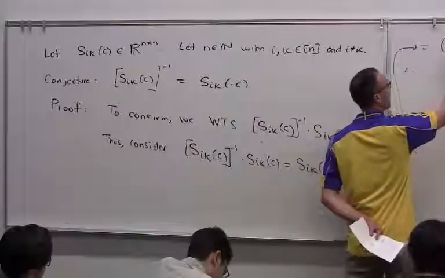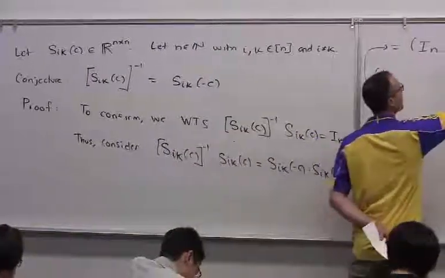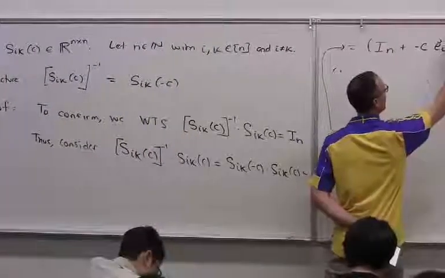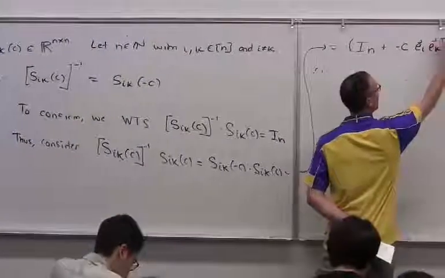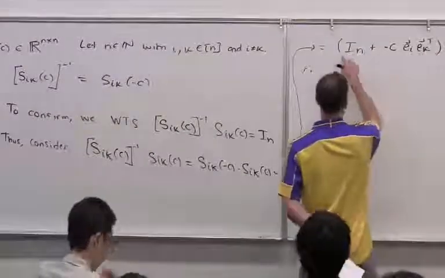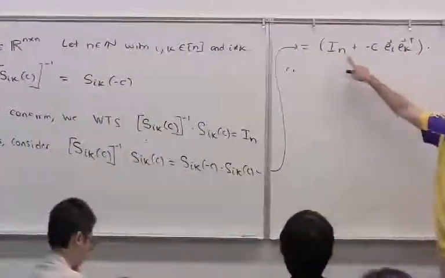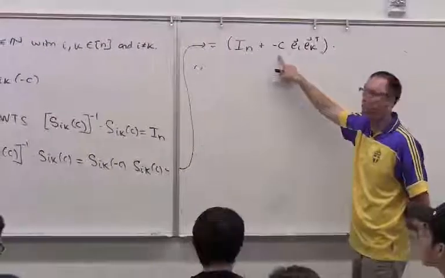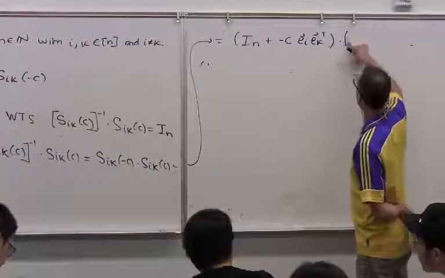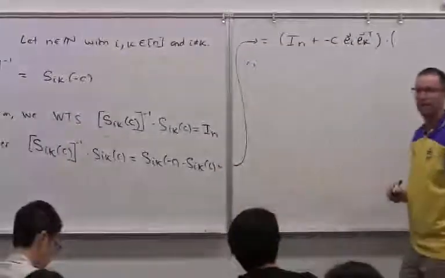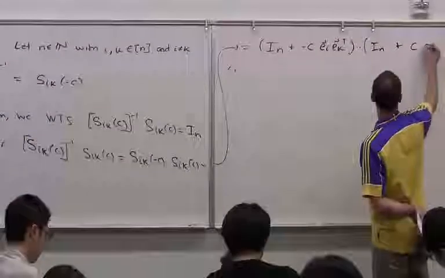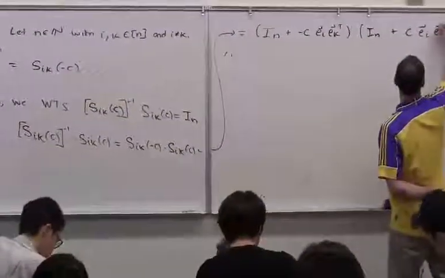So that would be I_N plus negative C times e_i e_k transpose, right? So that right there is the actual rank 1 update of the identity that is defined to be that shear matrix. What's the other one? What's this one? I_N plus C e_i e_k transpose.